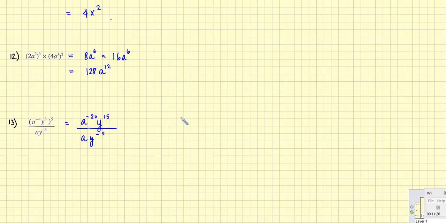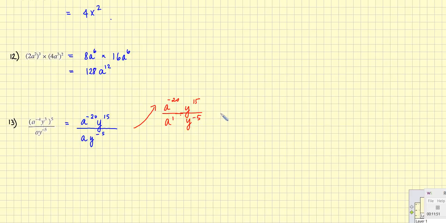Now, there are several things that I can do here. I'm going to show you a couple of ways I could solve this. The first way is by simply dividing: a to the negative 20 divided by a to the power of 1, and then y to the 15th divided by y to the negative 5.